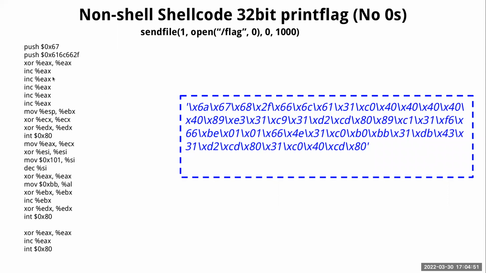For example, here the idea is actually to move the number 5 into the register EAX. But if we directly use the instruction mov eax, 5, there will be a zero there. So to remove that zero, instead we do an exclusive OR on EAX, making EAX zero, then we increase it 5 times. So by doing this, we're not generating any zeros.